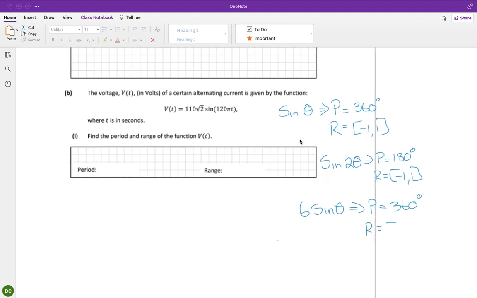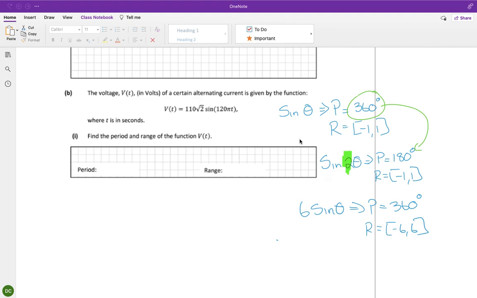Yeah? So if you multiply your angle by a number there, then you divide your period by that number. So by doubling the number, like instead of theta, 2 theta, that caused this to half.